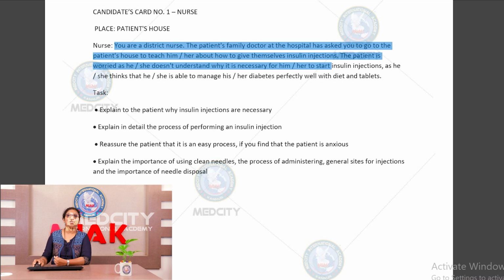It says the patient is worried as he or she doesn't understand why it's necessary for him or her to start insulin injections, as he or she thinks that he or she is able to manage diabetes perfectly with diet and tablets.